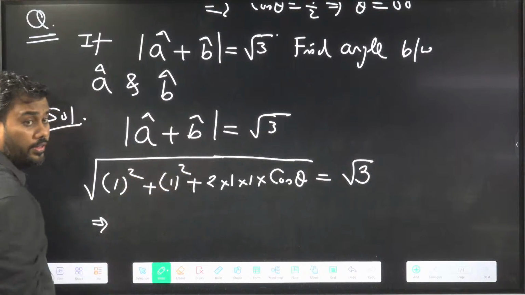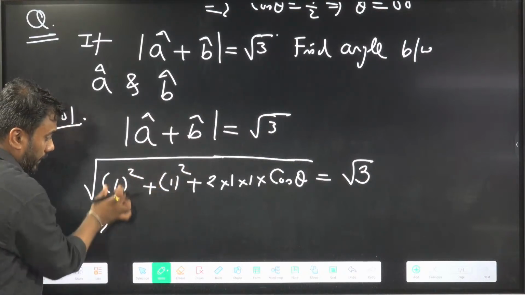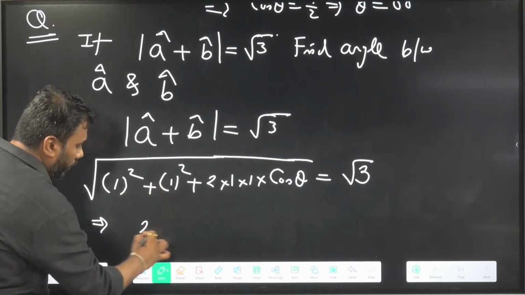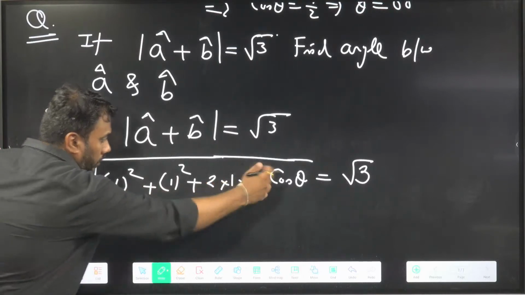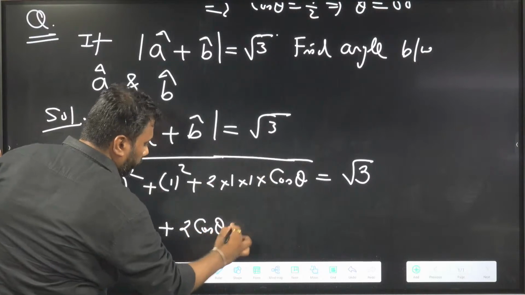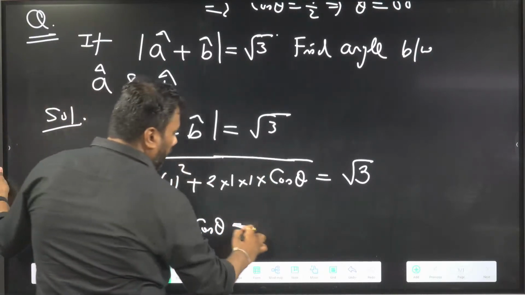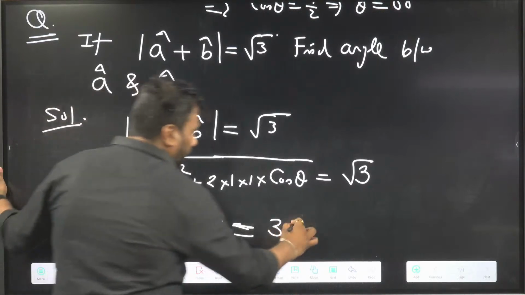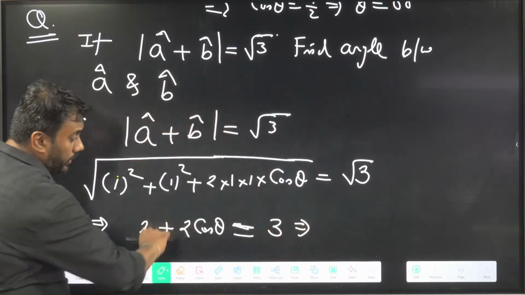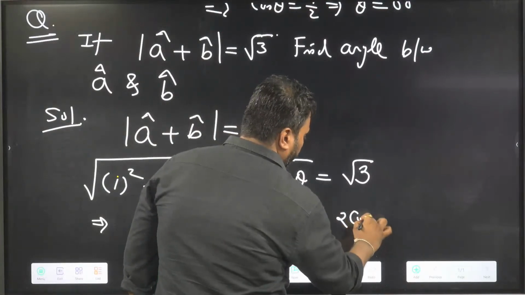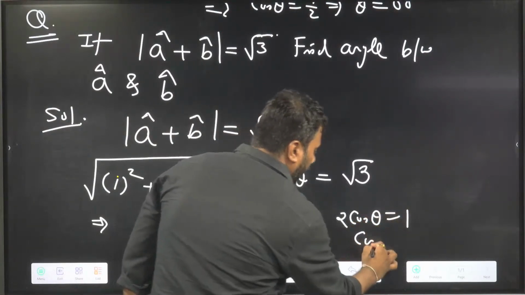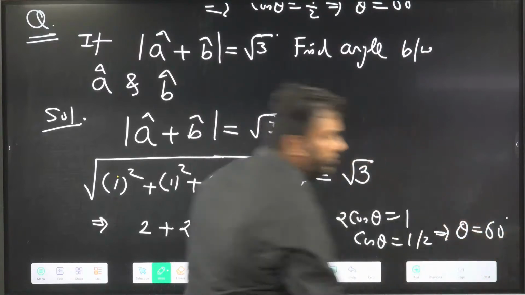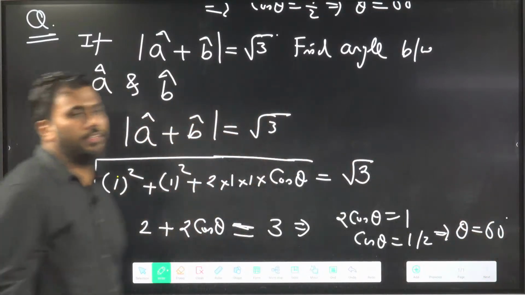If I square both sides, 1 square plus 1 square is 1 plus 1, which is 2, plus 2 cos theta. Squaring the right side, I get 3. So 2 plus 2 cos theta is 3. It means 2 cos theta is 1. Then cos theta is half, or theta equals 60 degrees. So again the answer is 60 degrees.